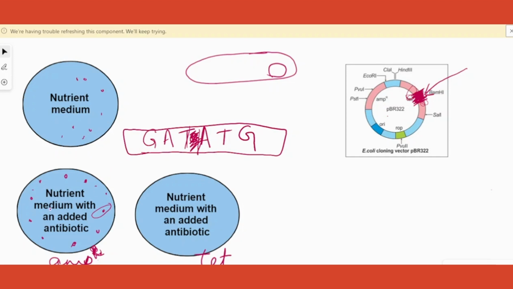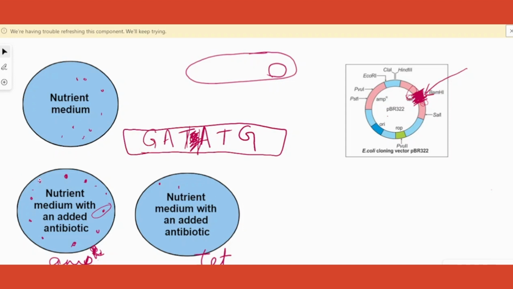So from all these colonies, I'm going to take one speck from here, and I'm going to plot it here. Allow it to grow. I'm going to take a little bit of speck from here and try to put it here and try to grow. Whatever grows on it shows that our gene of interest is not there. Whatever grows on it is useless for us, meaning it's not a recombinant one. It does not have our gene of interest.